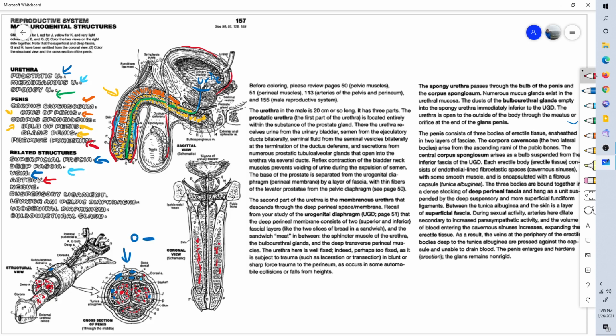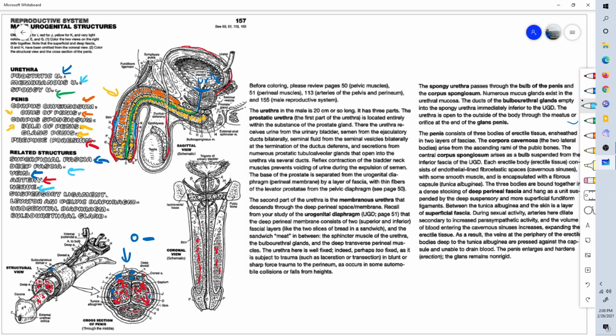The fluid pressure going outward squashes the veins so that blood cannot escape back to the body and to the heart. And that is how the penis is able to stay erect. So here we have the nerve there.